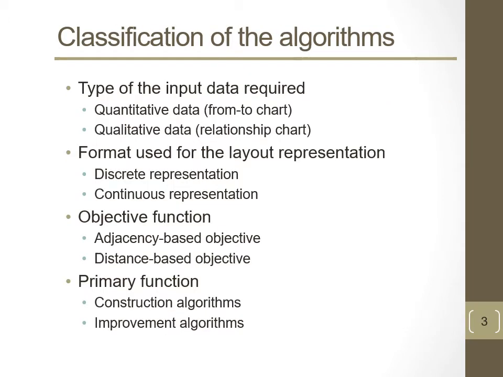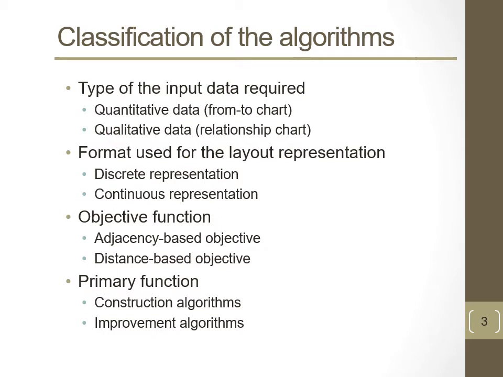We can classify such layout algorithms with respect to different criteria. For example, we can classify the algorithms with respect to the input data that they use. They may use either quantitative data, for example from-to charts, or qualitative data, such as relationship charts.